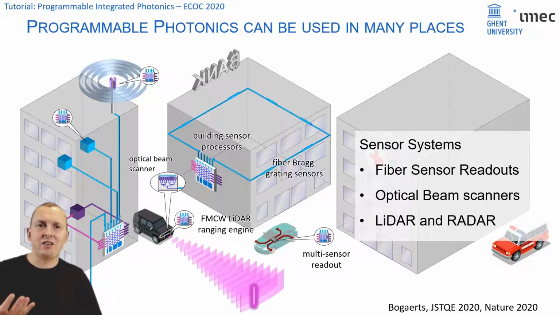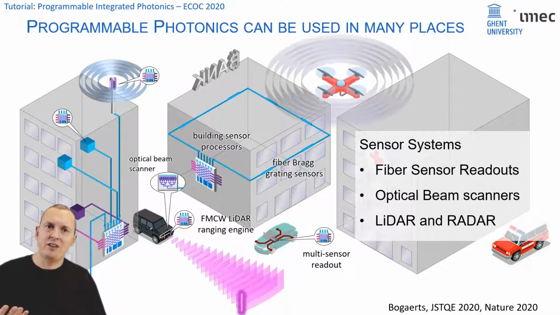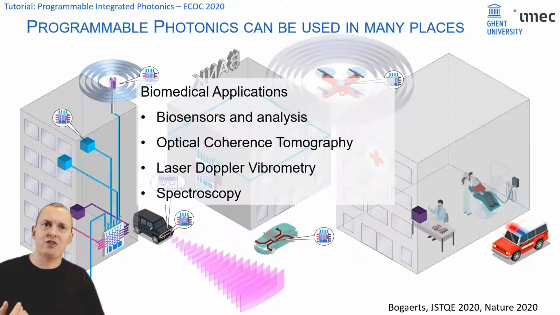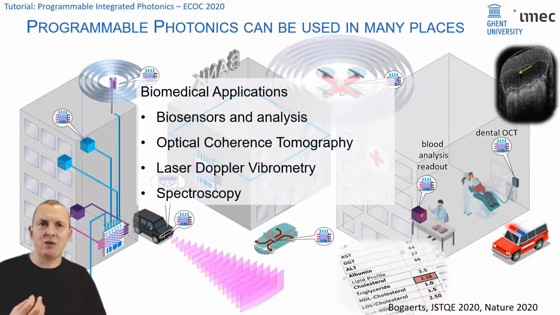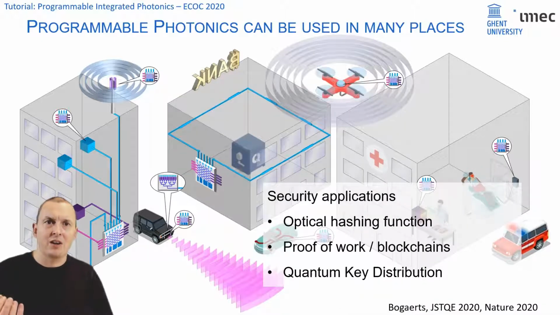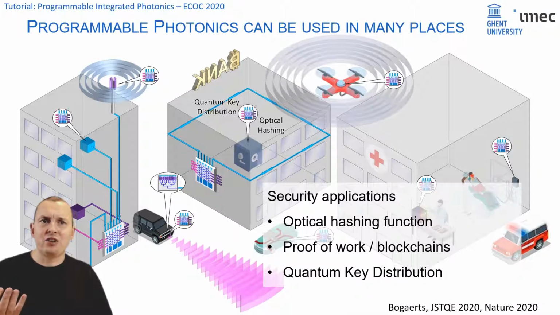And even some of the functions needed for LiDAR could be implemented in such a circuit. It could be useful for biomedical applications, not as a sensor itself, but as the readout circuit. Or it could be used for optical coherence tomography, which is very important for ophthalmology, dermatology, and dentistry. So there's quite a lot of functions that could be used.